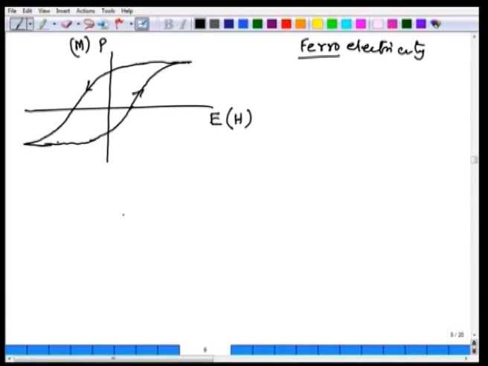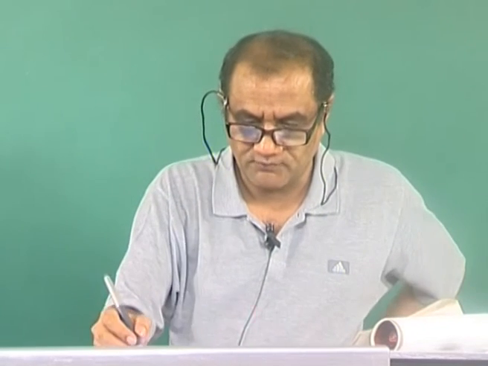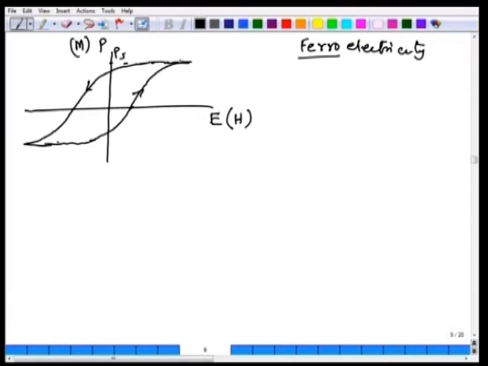There is a hysteresis. As you apply an electric field, you get what is called the saturation polarization. This is the saturation polarization in this material, because this titanium atom, remember, has popped out in one direction, and you get very large polarization. When you remove this electric field, you get some remnant polarization.